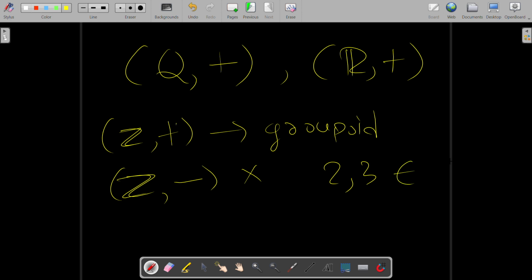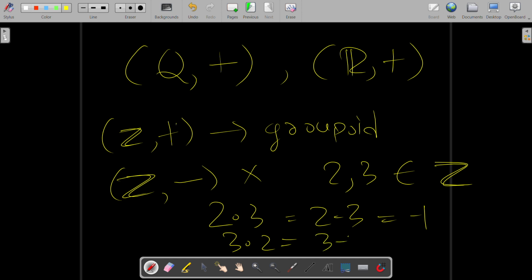If I take two elements 2, 3 from the set of all integers and use the binary operation, 2 not 3 implies 2 minus 3 is equal to minus 1, whereas 3 not 2 implies 3 minus 2 is equal to 1. So clearly 2 not 3 is not equal to 3 not 2. So the set of all integers under addition forms a commutative groupoid, but the set of all integers under subtraction doesn't.